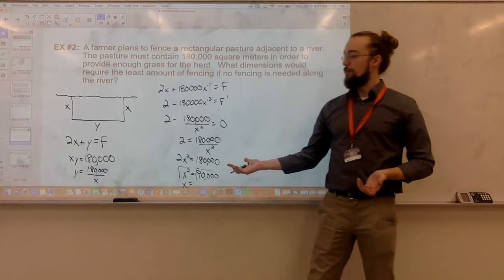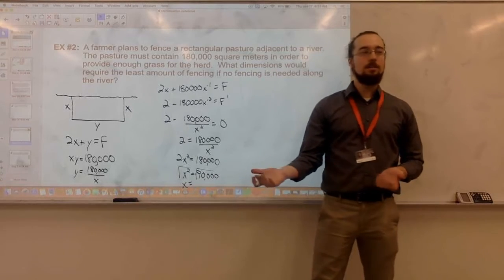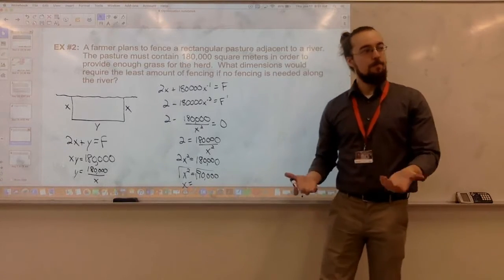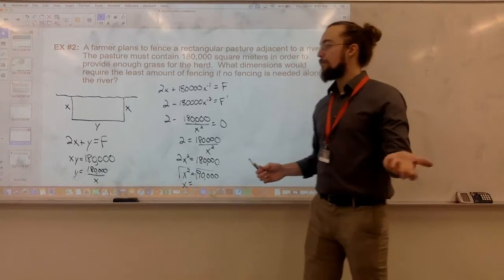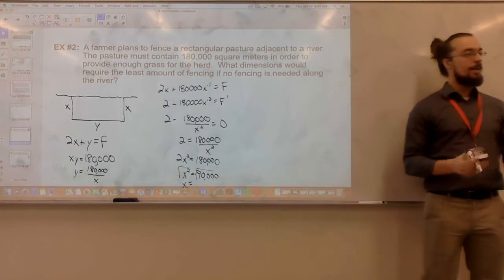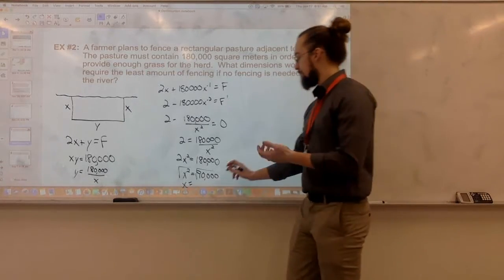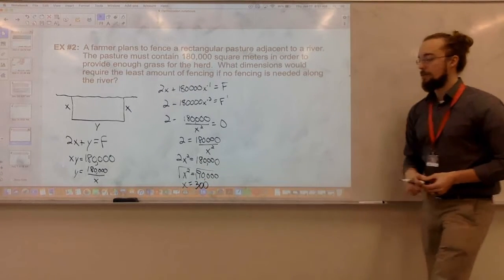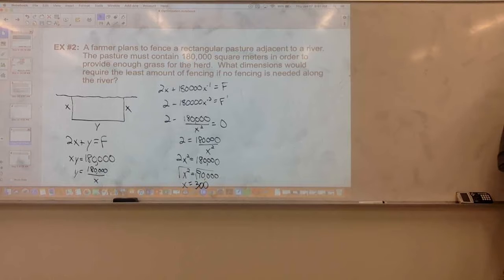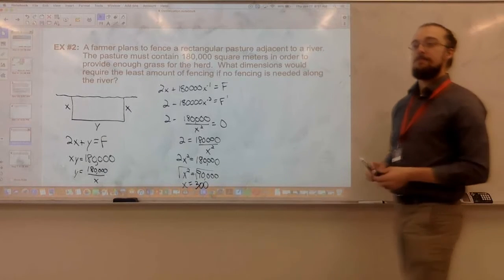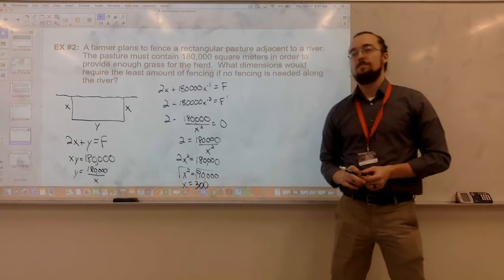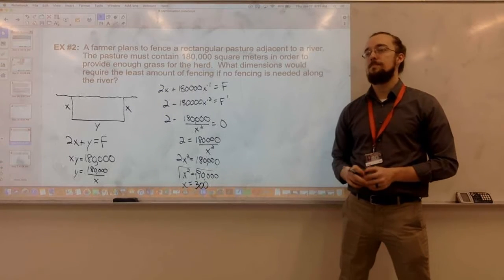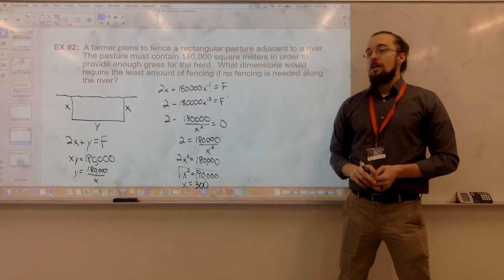Now, technically, we would get plus or minus 300. But negative 300 doesn't make sense here because we can't have a length of negative 300. So, yeah, we forgot to do the domain, didn't we? Will we have to put the domain on a test?